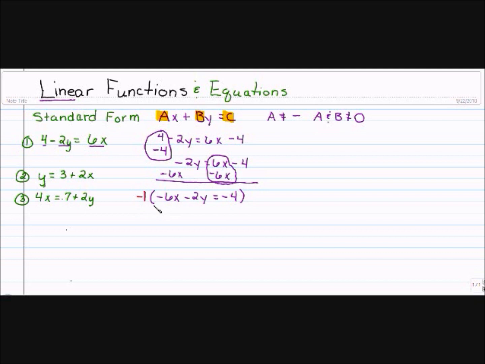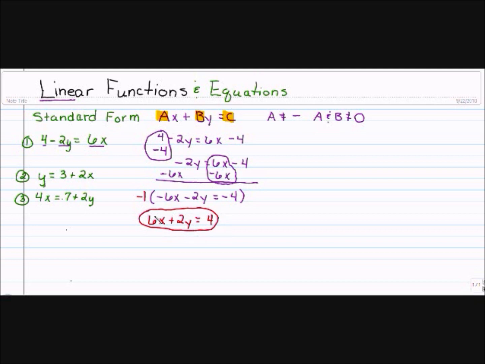Multiplying everything by negative 1 through the distributive property will change all the signs. So a negative 1 and a negative 6x gives you a positive 6x. Negative 1 times negative 2 is a positive 2. And a negative 1 times a negative 4 equals a positive 4. I now have standard form.